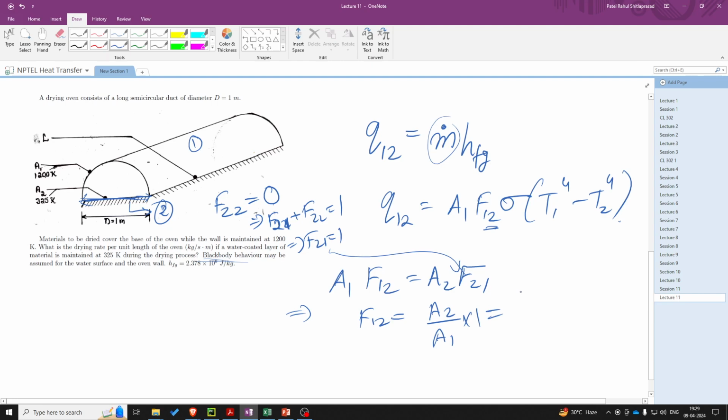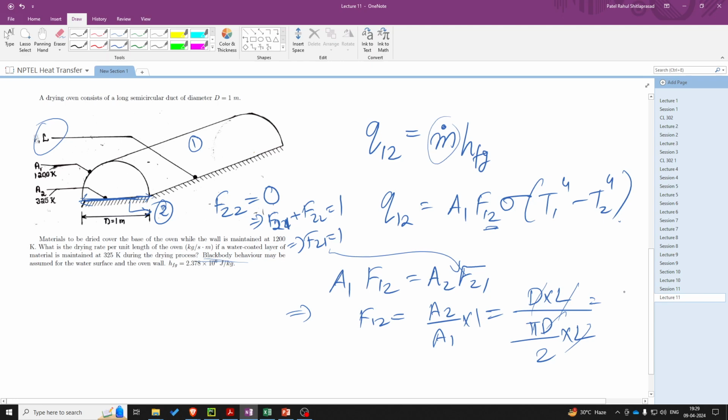Now the area of the base will be diameter times length, if the length is L. So the area of base 2 will be A2 is equal to diameter into L. Similarly, the area of this curved surface will become 2 pi r, basically that will become pi d upon 2 into L. With this, we can cancel this out.